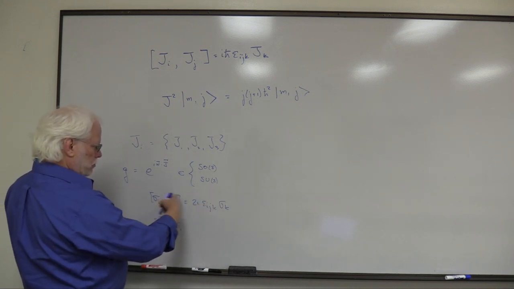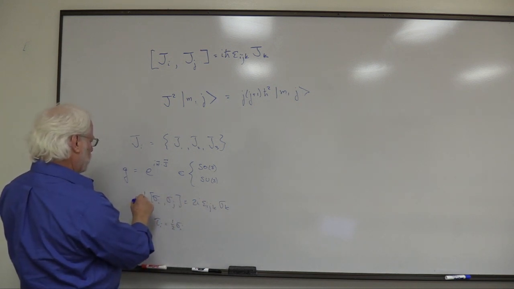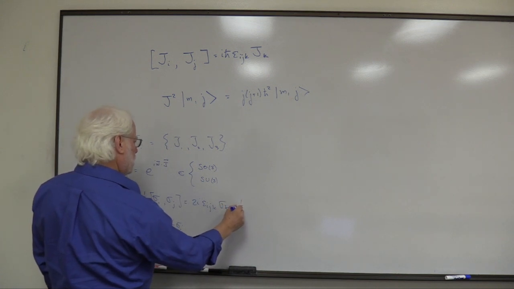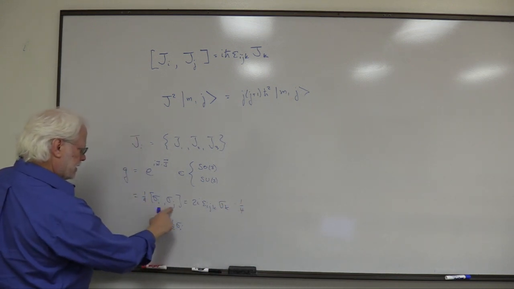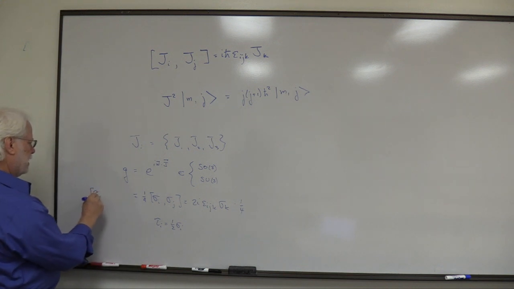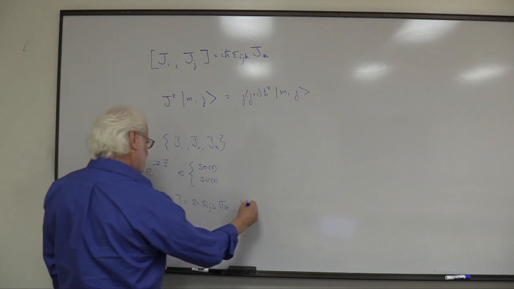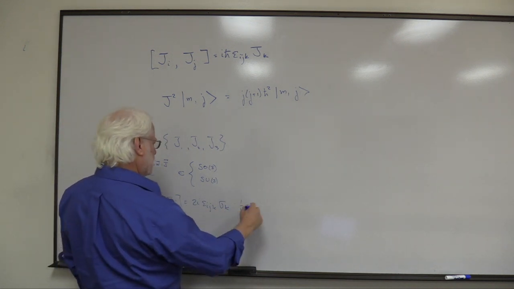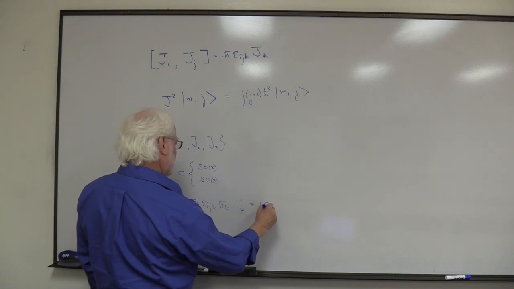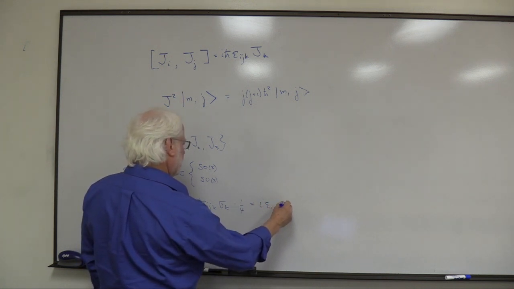Then if I multiply both sides of this by 1/4, this side becomes the commutator of two taus, and the other side becomes i ε_ijk tau_k.